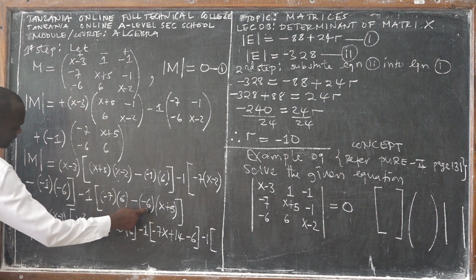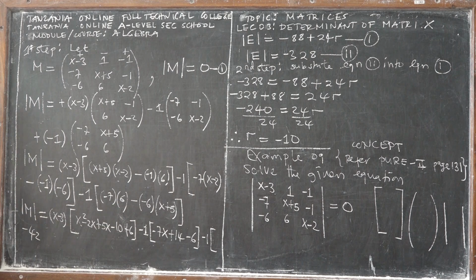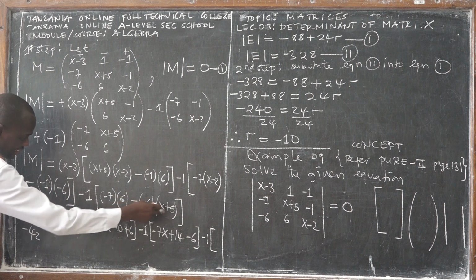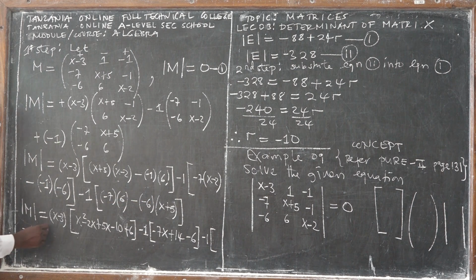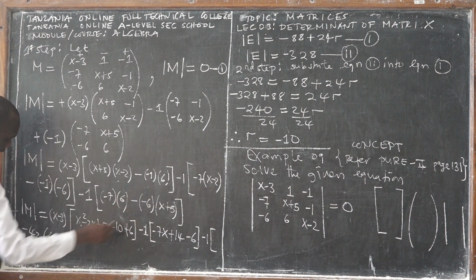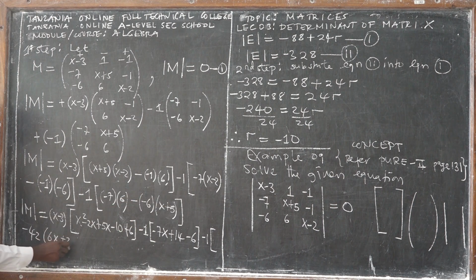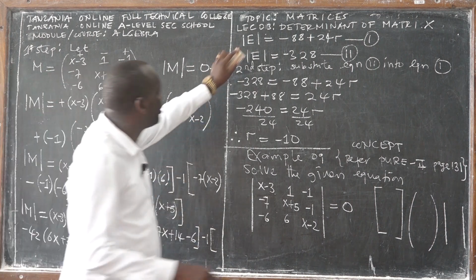Then negative 6, negative times negative, so we have positive 6 here, right? 6 times x, 6x, right? 6 times 5, 30, right? So we close our square bracket. So we have to continue the journey.